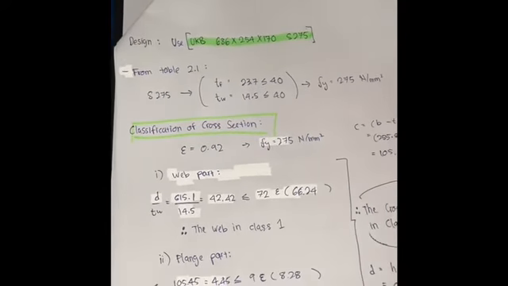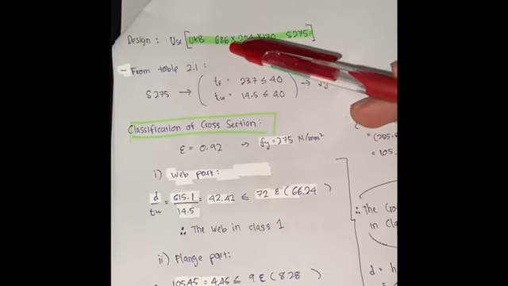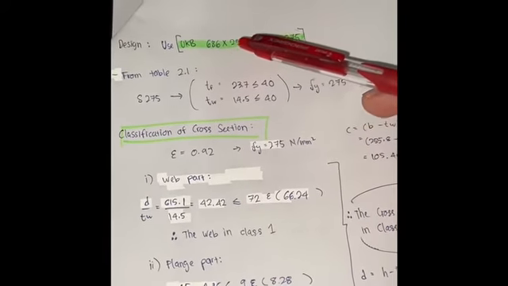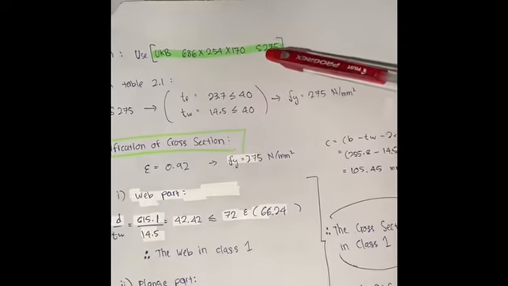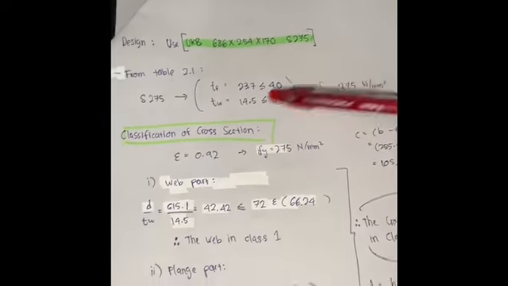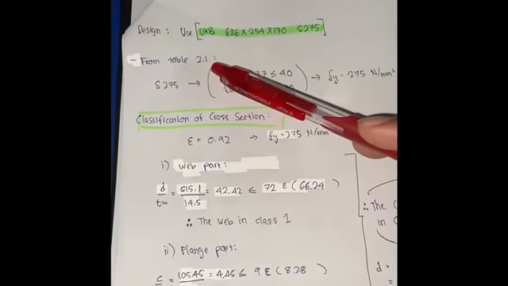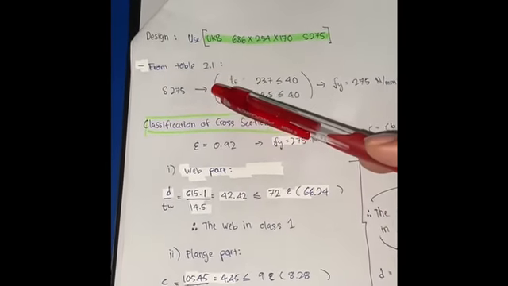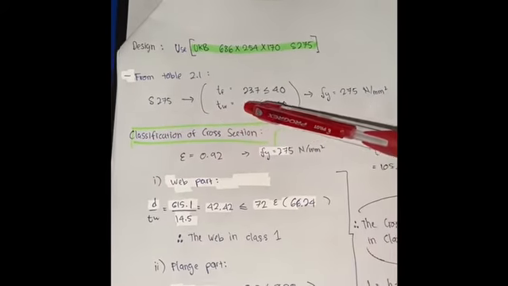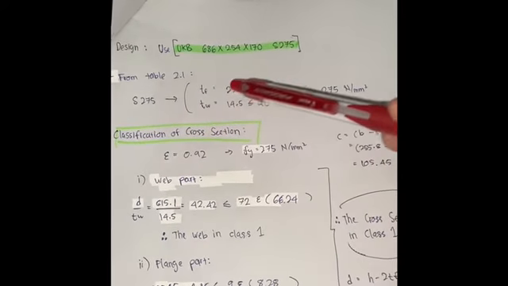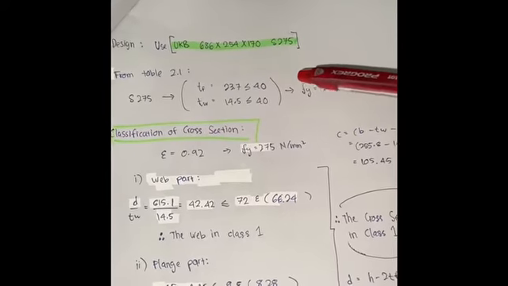So first, I assume to use the 686 times 254 times 170 UKB steel type S275. So from table 2.1, by using S275, I have checked the flange thickness and web thickness.